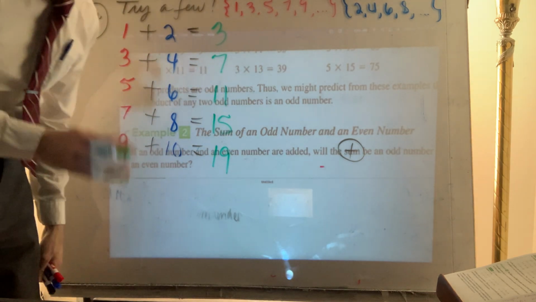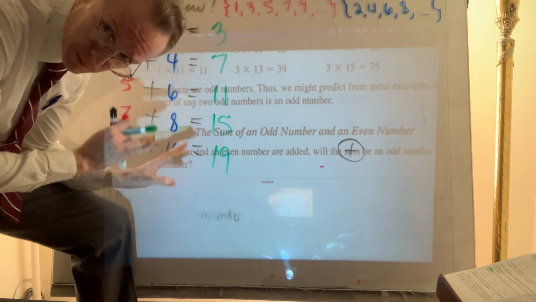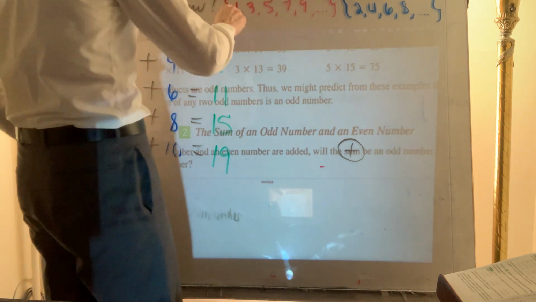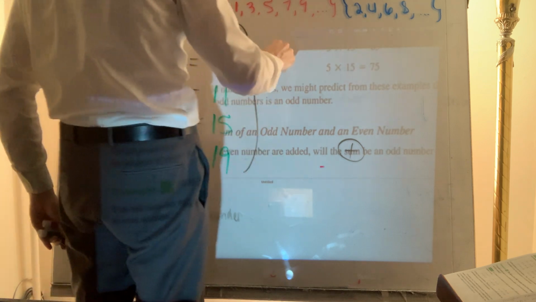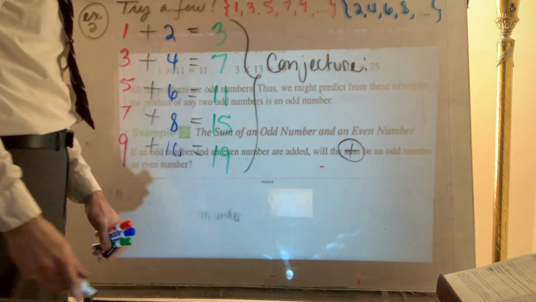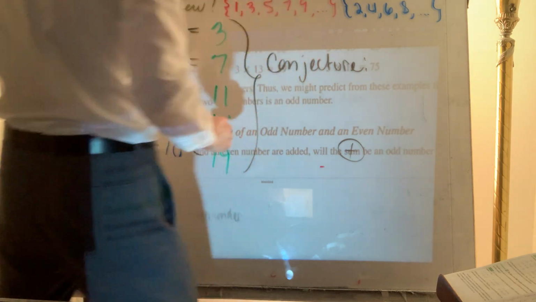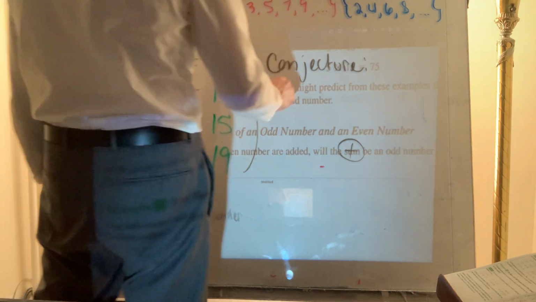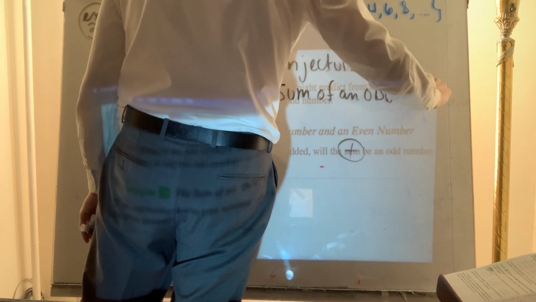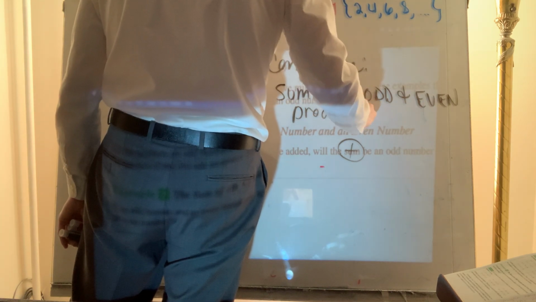So, once again, based upon just these few examples, because we cannot possibly test all combinations, we would never finish, one could make the conjecture that it always produces an odd number. The sum of an odd and even produces an odd.